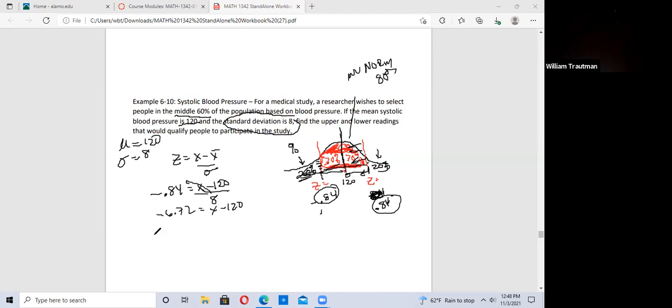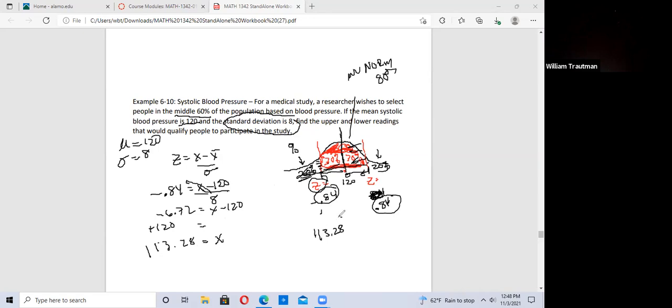Then add 120 to both sides. And you end up with x equals 113.28. So the left score is 113.28. Find the upper and lower readings for blood pressure.